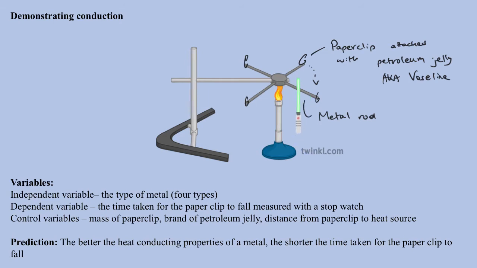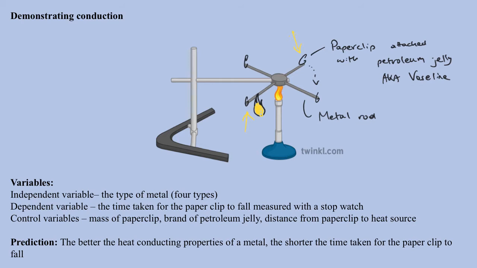And I've also got to make sure I've got the distance from the paper clip to the heat source the same. Think, if I put my flame, this flame I'm about to draw out, there, colour that in yellow so you know that's a flame. If I put that there, that paper clip is going to get hot much quicker than that one. So I need to make sure I've got the same distance between each one.